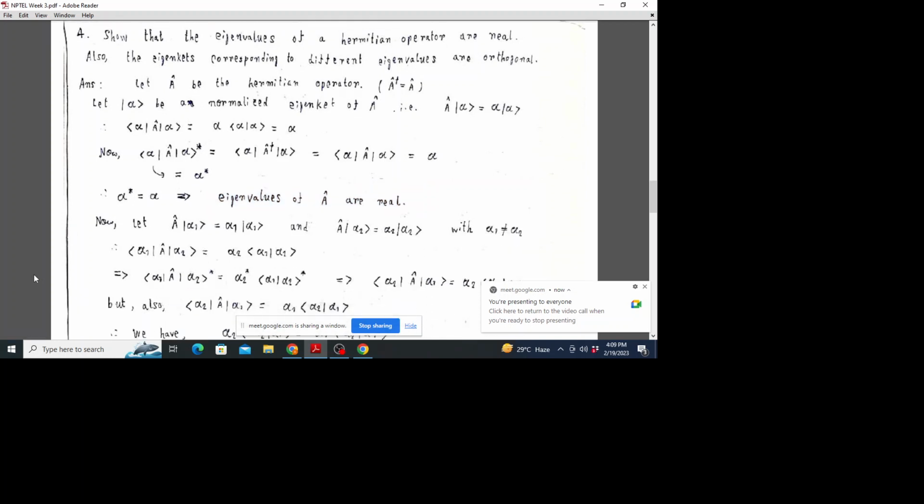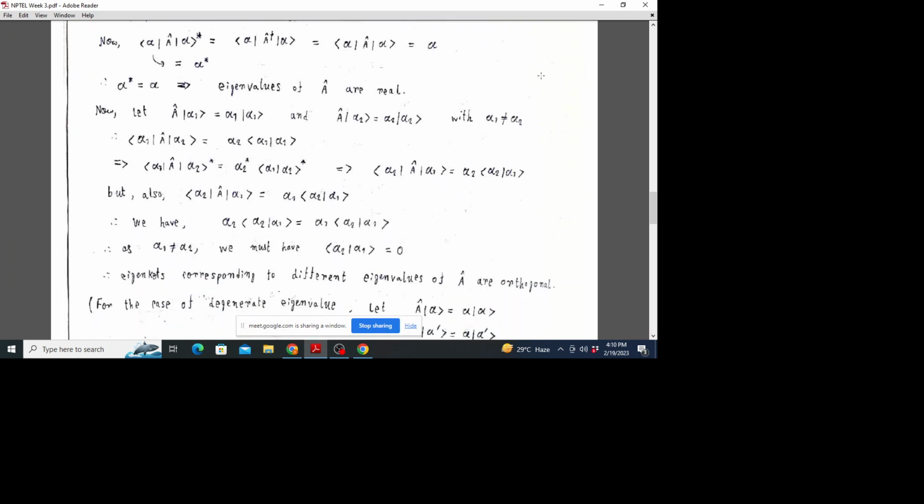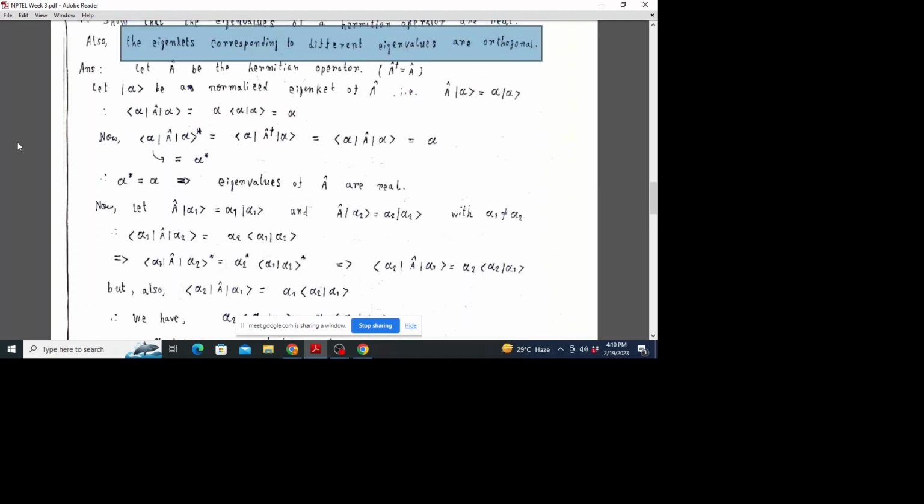Now, using this fact, we will show that the eigenkets corresponding to different eigenvalues are orthogonal.